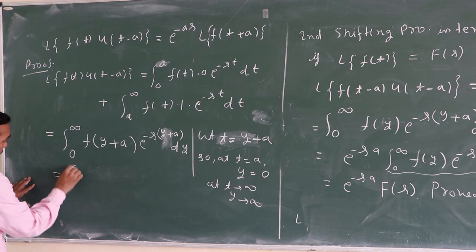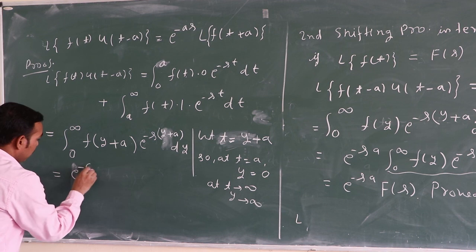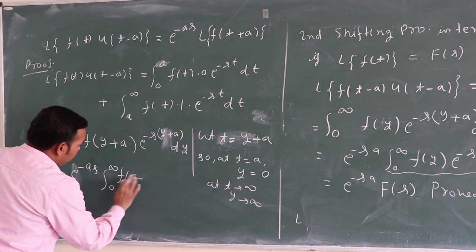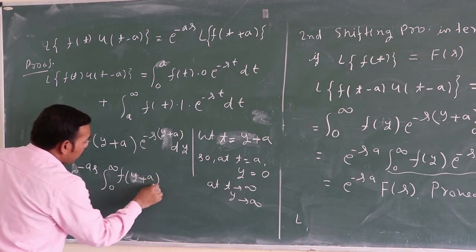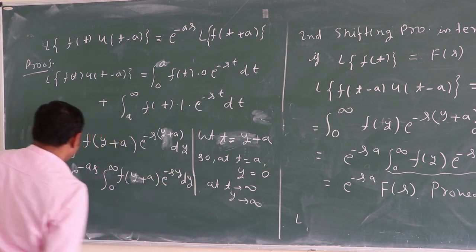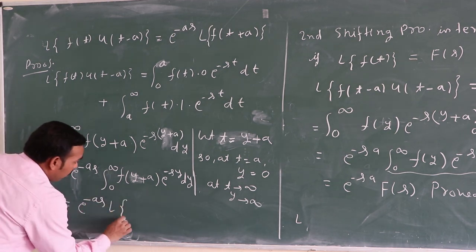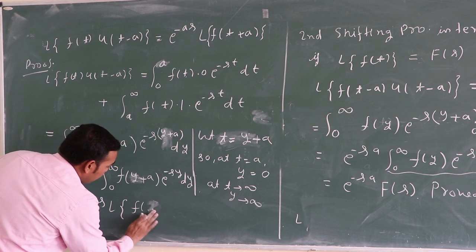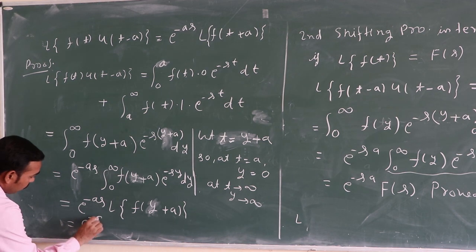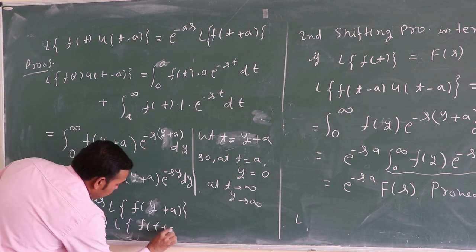Simply we write it as e to the power minus as times the integral from 0 to infinity of f(y plus a) e to the power minus sy dy. This can be written as e to the power minus as Laplace of f(y plus a), means Laplace of f(t plus a).